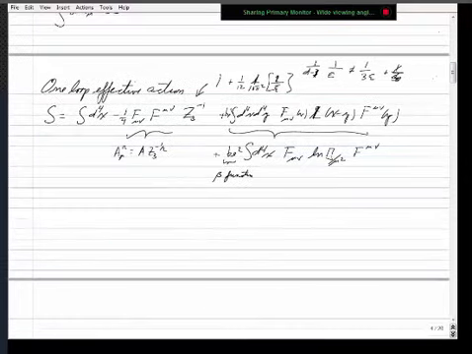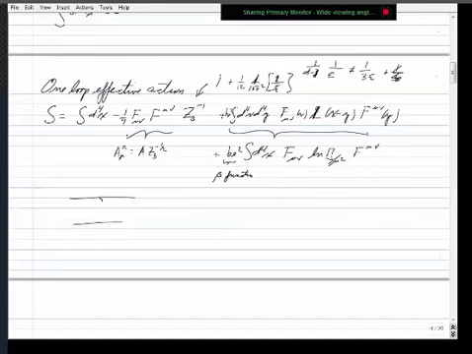This guy, sometimes you can see written in the following suggestive notation: d4x F mu nu log box over mu squared F mu nu.